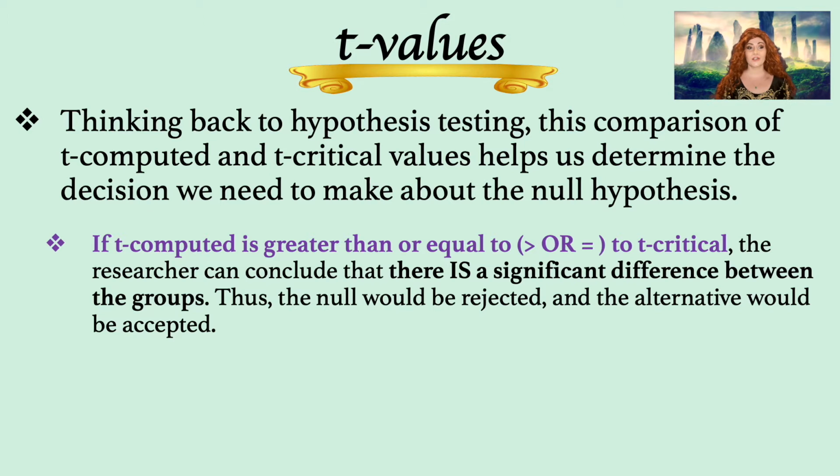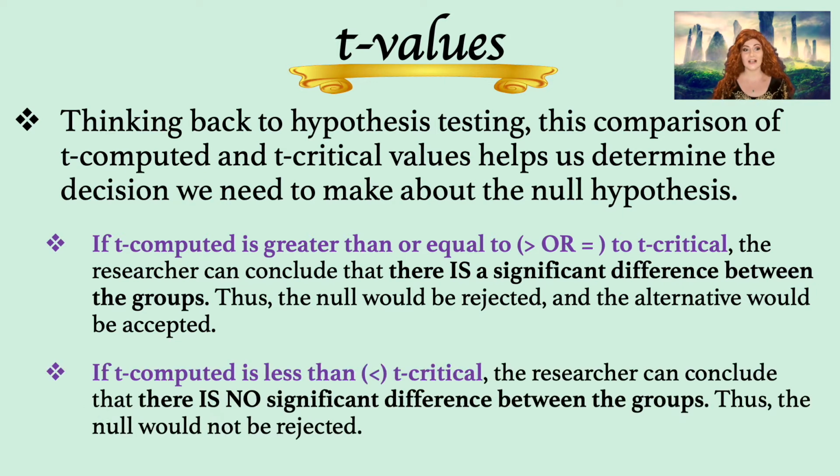In other words, the null hypothesis would be rejected and the alternative would be accepted. Conversely, if the t-computed value is less than the t-critical value, if the value that we calculate is smaller than the value in the chart, in that case, we conclude that there is no significant difference between the groups, and therefore the null would not be rejected, and in fact would be retained.